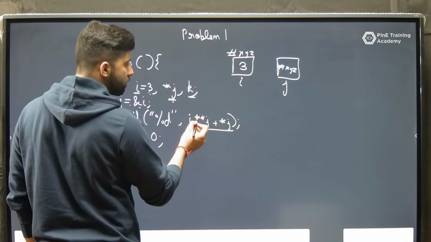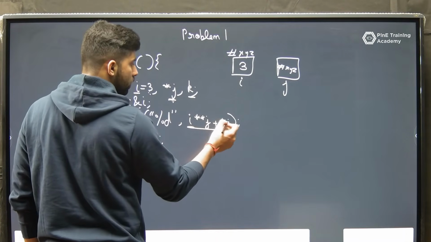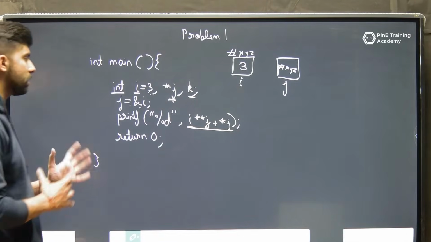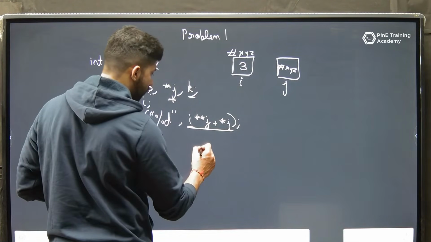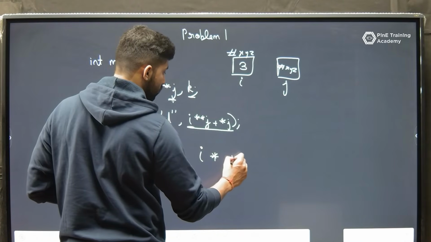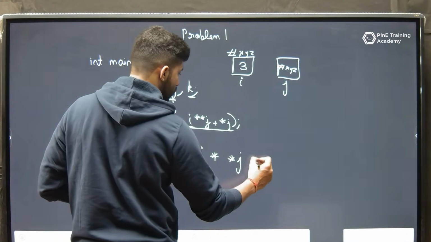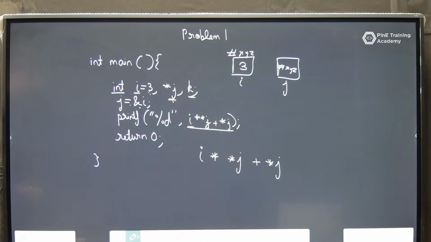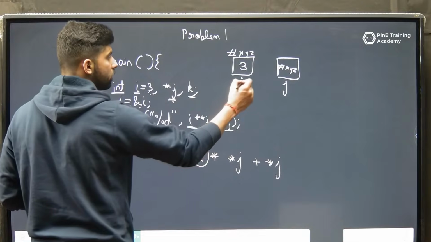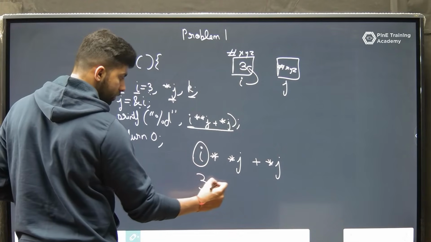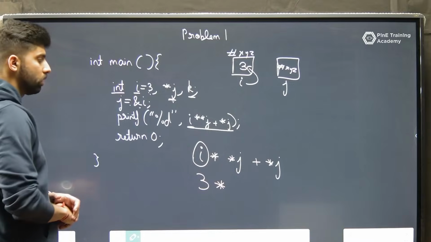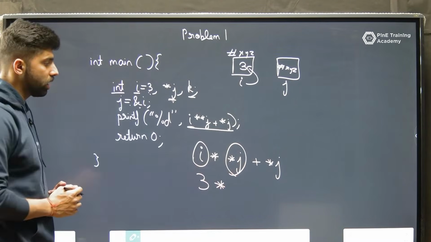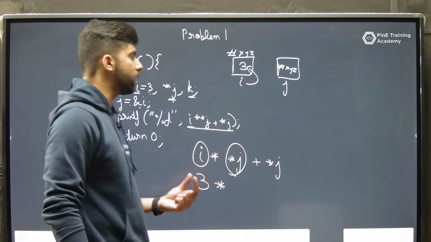And what I'm trying to do is calculate this expression: I asterisk asterisk j plus asterisk j. This is very simple. You can just expand it to look like this. So I is 3, multiplied by asterisk j. Asterisk j means we are using the dereference operator.